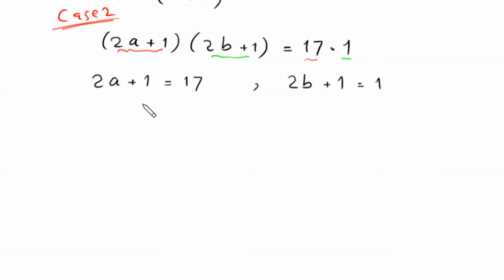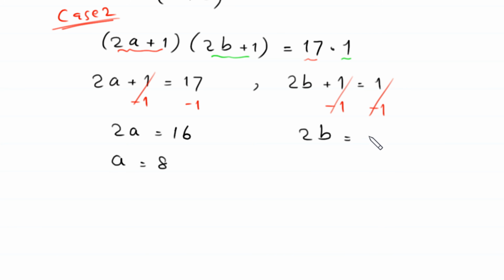From this equation, if we subtract 1 from both sides, 2a is equal to 16, and from here we get the value of a, 8. From this equation, if we subtract 1 from both sides, 2 times b is equal to 0, and from here we get the value of b is equal to 0. From this case we get the second pair 8, 0.